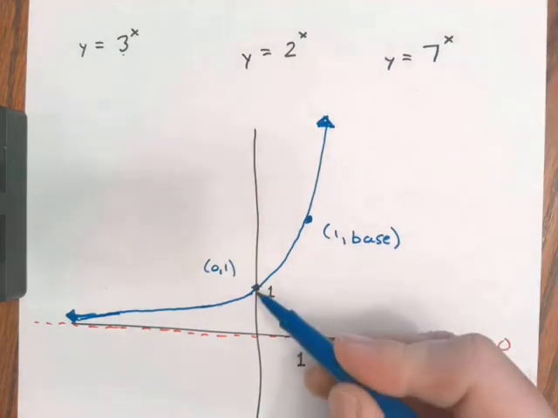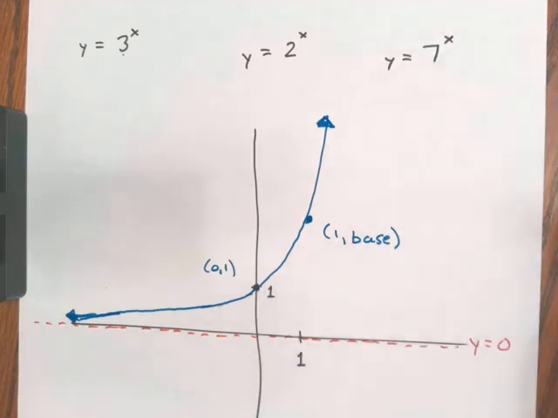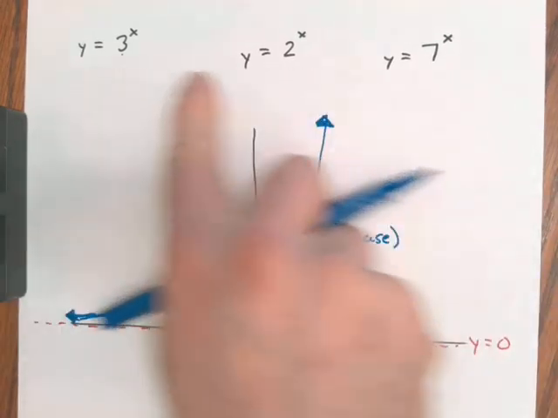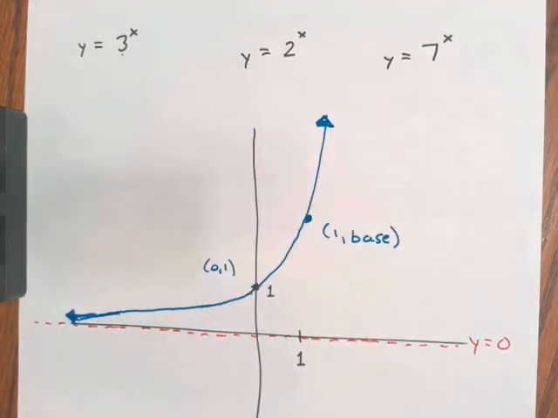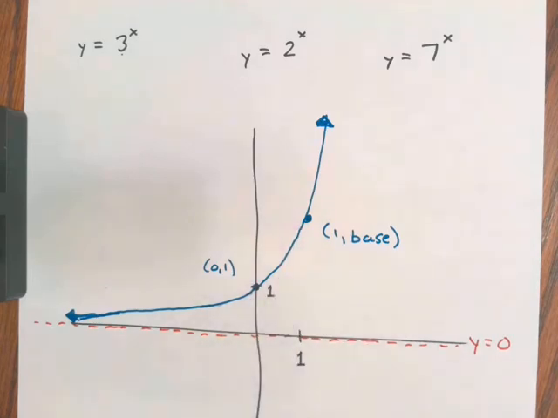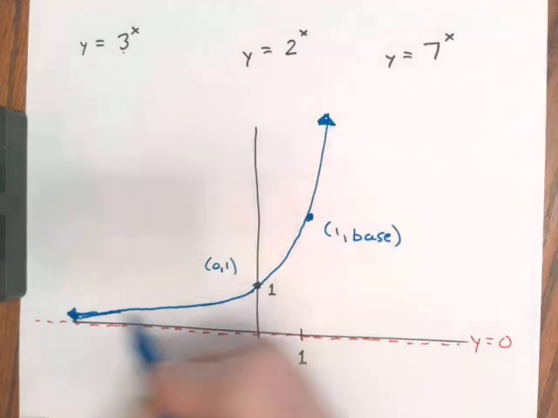This one, y-intercept at 1 again, and this one would go through the point 1 comma 7 because the base is 7. So you can find 2 points really easy when you're looking at your parent function equation. All of them go through the point 0, 1, and then another point on the graph is going to be 1 comma and then the base. And they're all going to have this general shape.